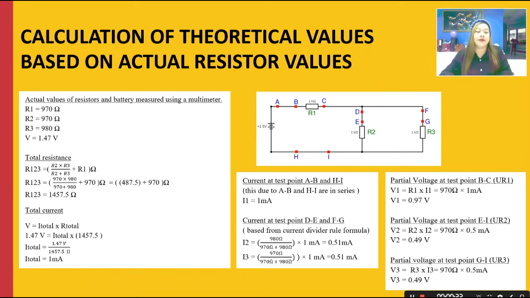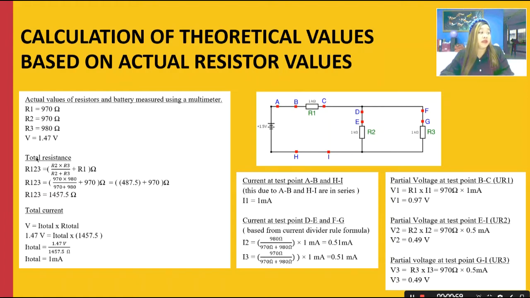Okay, so how do we calculate the theoretical values based on the actual resistor values? The steps are the same as how you calculate the theoretical values. It's just that you use the actual values, which is 970 ohm for R1, 970 ohm for R2, and 980 ohm for R3, and the voltage that we measured in the video was 1.47 volt.